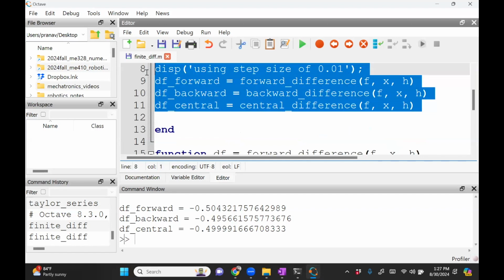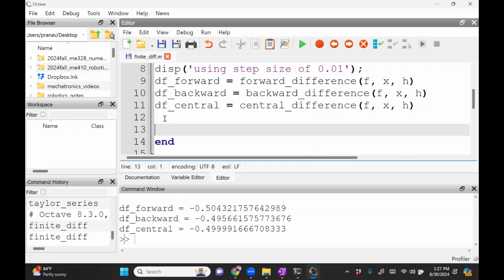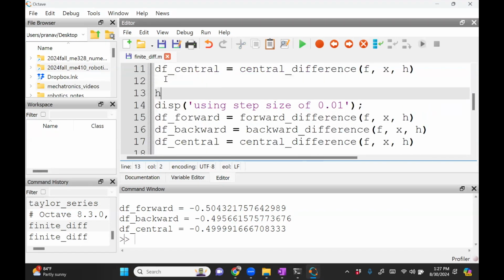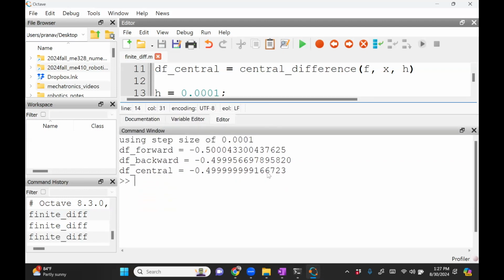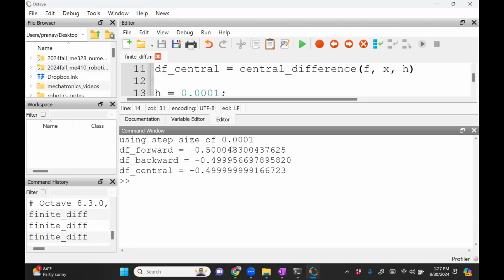And then we need to do this all over again for a step size of h equals 1e negative 4. Well, this is giving you the step size of 0.001. So 500049. Almost everything is very, very close to 0.5.